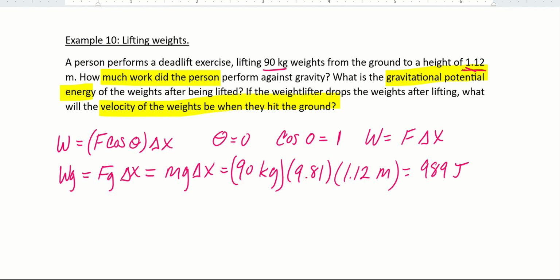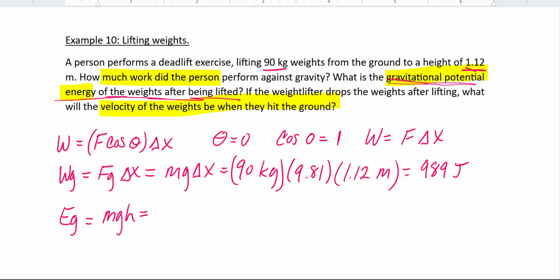Okay, after being lifted, what is the gravitational potential energy of the weights? Eg equals mgh. Now what you should be thinking about is, well, our delta x is our h. So the gravitational potential energy represents the amount of work that was done.